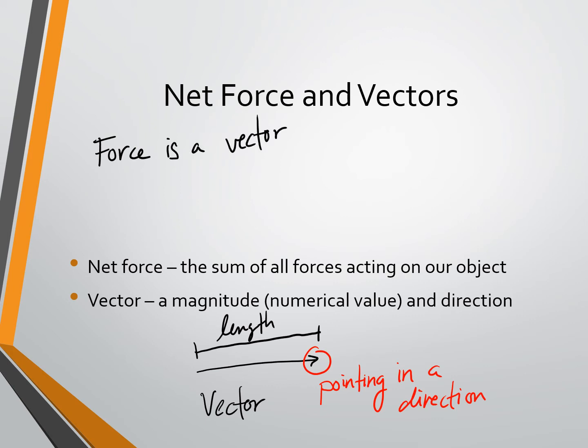So there's one other thing we need to talk about for vectors in order for us to understand how they're working. So when I say opposite directions, what do you think of? So if I say right, what is the opposite direction? It's left.